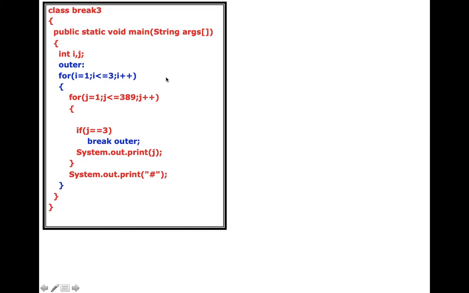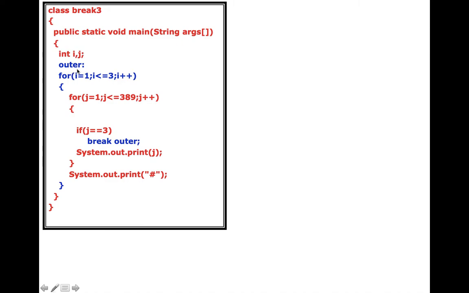Alright, so this is break 3. Now you already know how the labeled break works. I'll just give you one hint over here, and based on that you try to figure out the output. So listen to this carefully. It is not difficult. Break outer means that outer is some label and this label is over here.